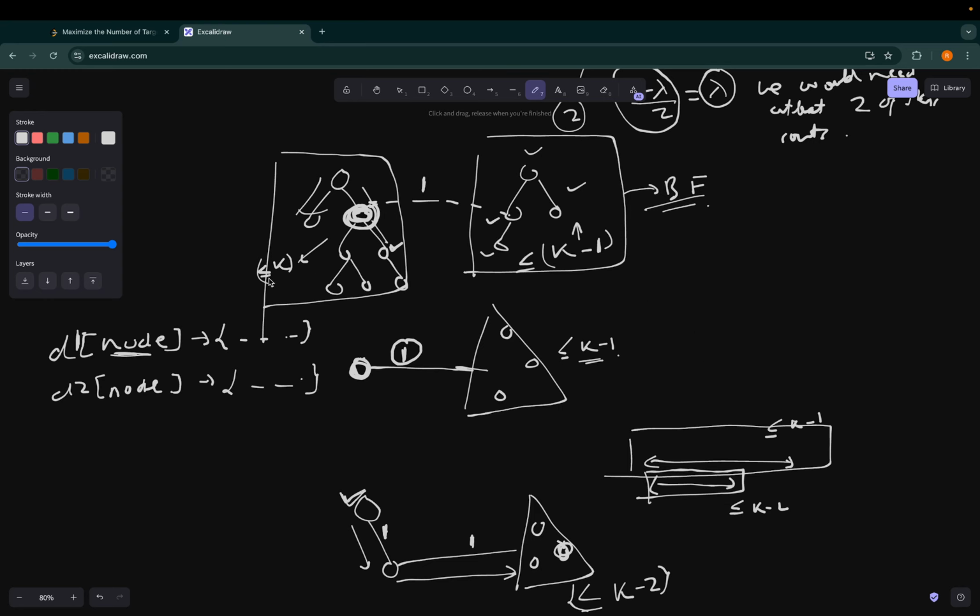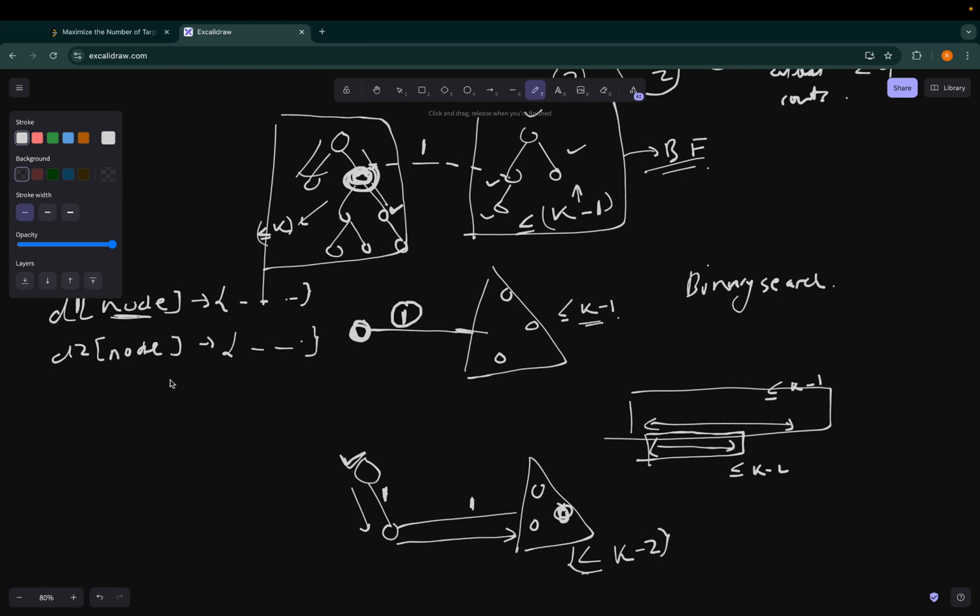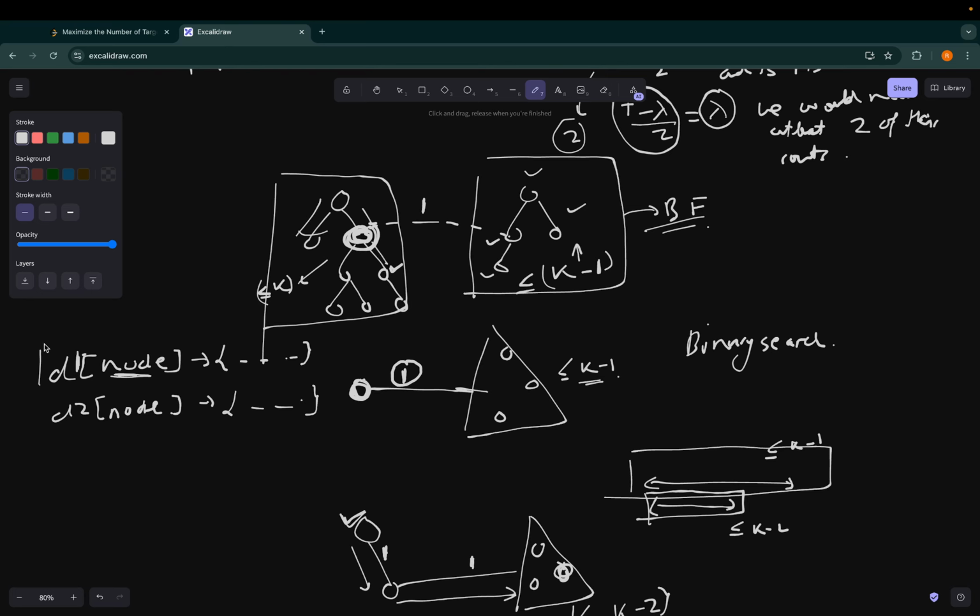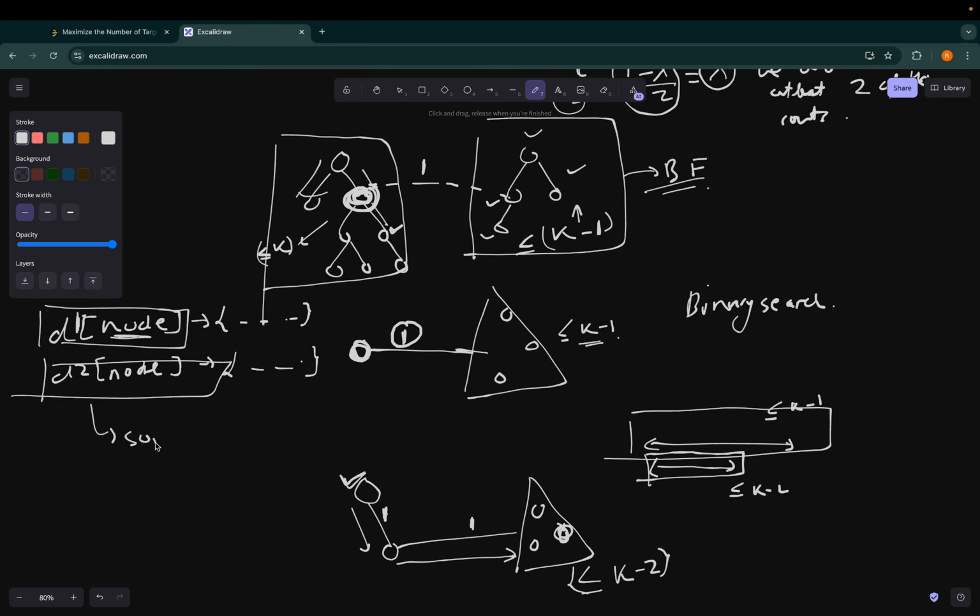And these two things, less than or equal to k minus 1, you can find from binary search. What you can do is, when you calculate these d1s and d2s, you can just sort the vectors, sort the distances. Since we don't care what the actual nodes are, we just care about the count of the nodes. So we just sort these d1 of node and d2 of node for every node.